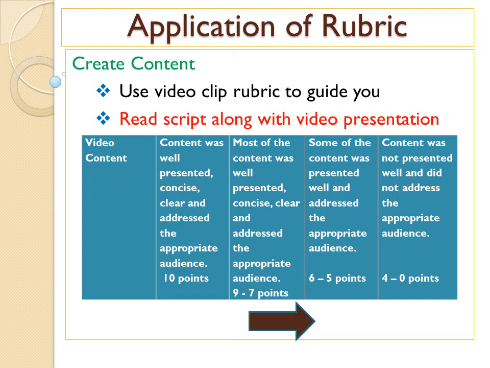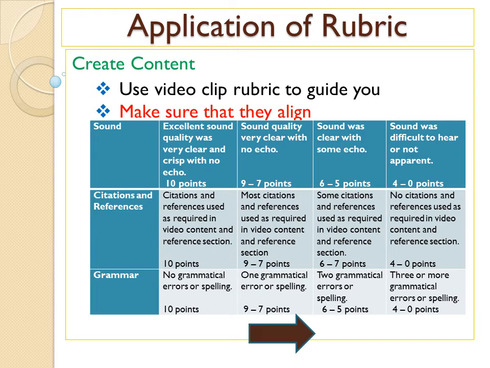For example, if you're dealing with high school students or with teachers at the university level, it needs to be able to address that audience. When you're creating the content, you also need to look at the sound, the citation, and the grammar again.